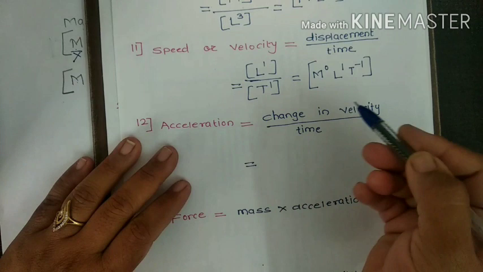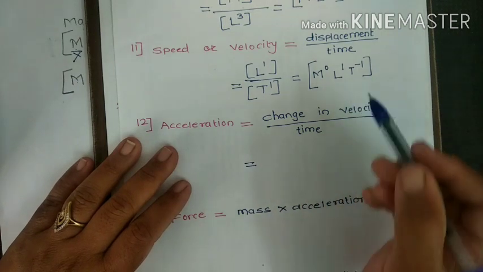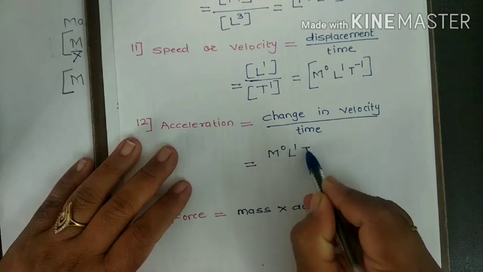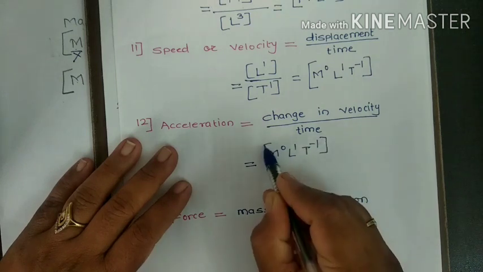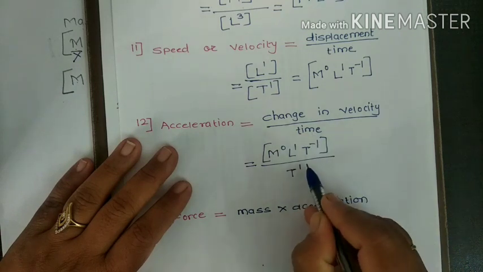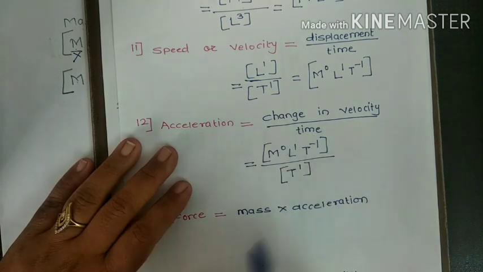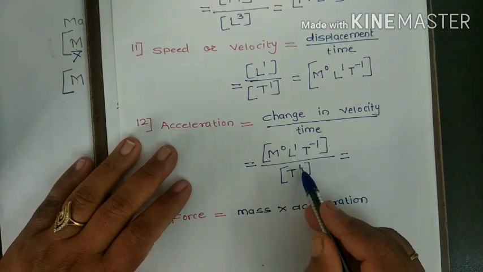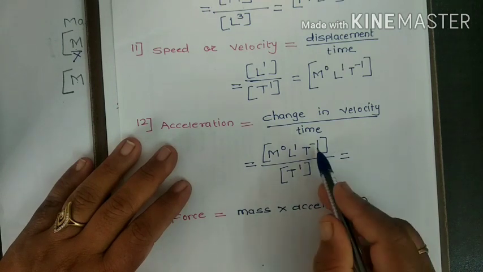We have to find out the dimensions of velocity here. That is M^0 L^1 T^-1 upon time. Again, time is T^1. That's why we have to calculate this term: that T^1 goes to the numerator.